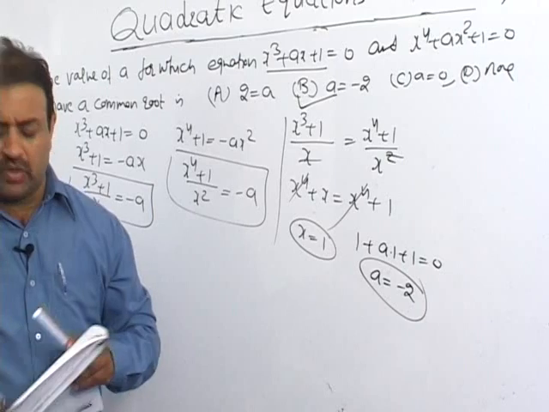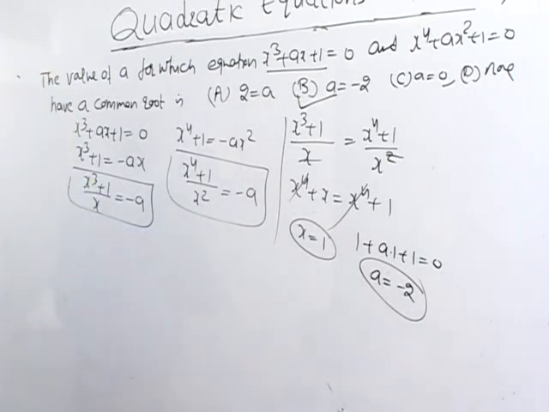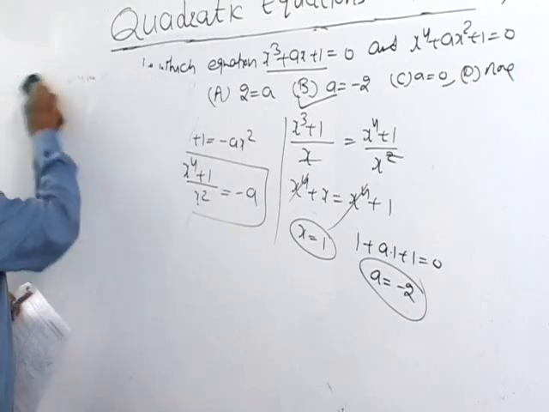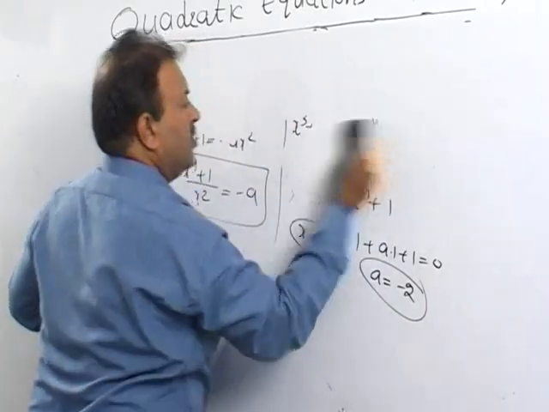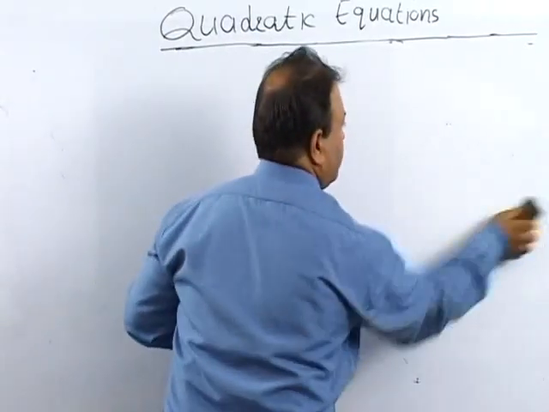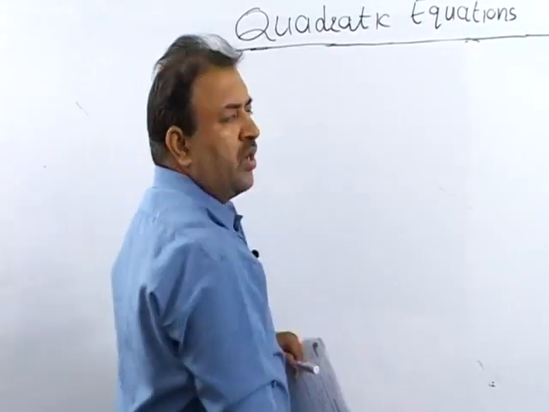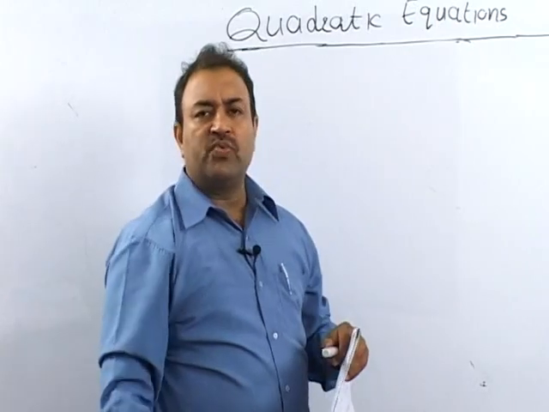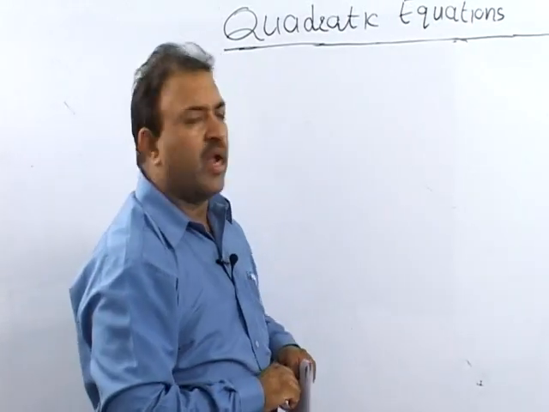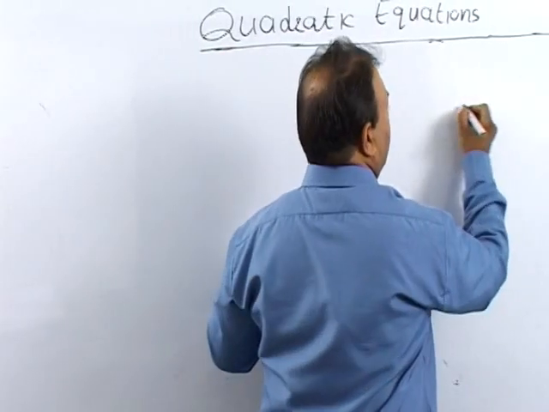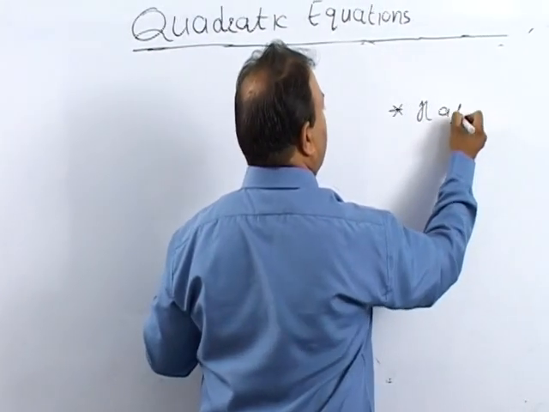Next problem about the common roots is now involving sequence and series, as we have done this topic before in class 11. So simple things you must be remembering. Again I am writing down the points to remember for sequence and series.